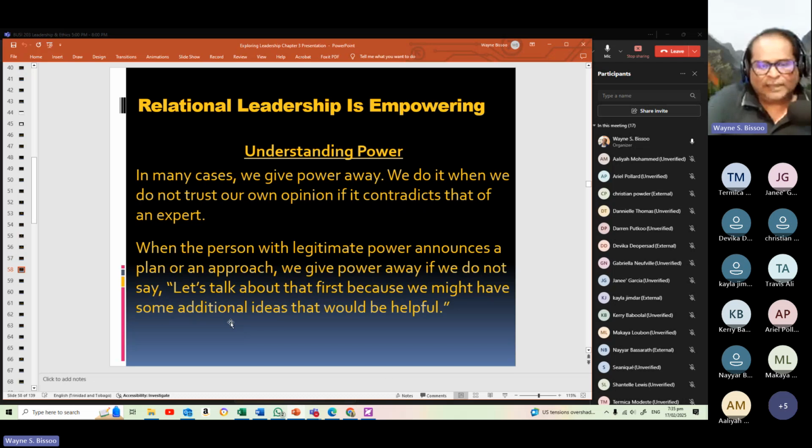Another thing is that we give away our power because we don't want to contradict people around us. Now, this is especially with junior staff. Junior staff may come into an organization and, because they don't think they know as much as other people, they are not willing to speak their mind in terms of maybe a different way, because they feel if this person is considered the expert, then how does my opinion fit with that?